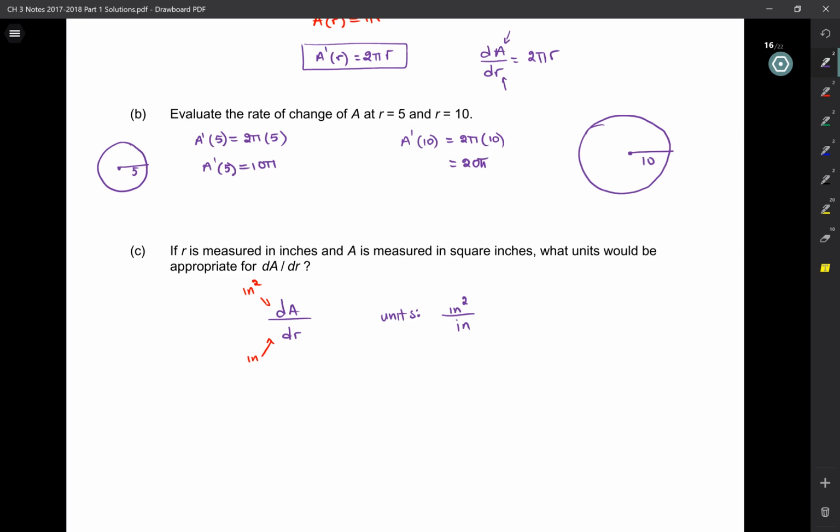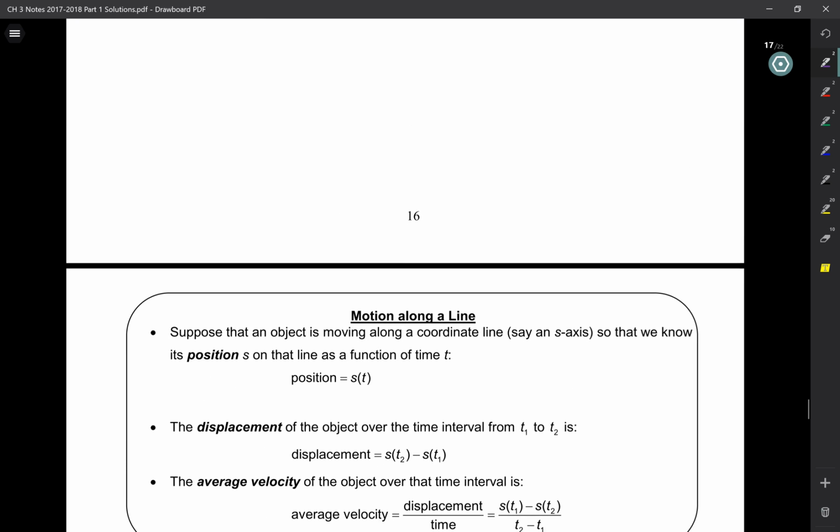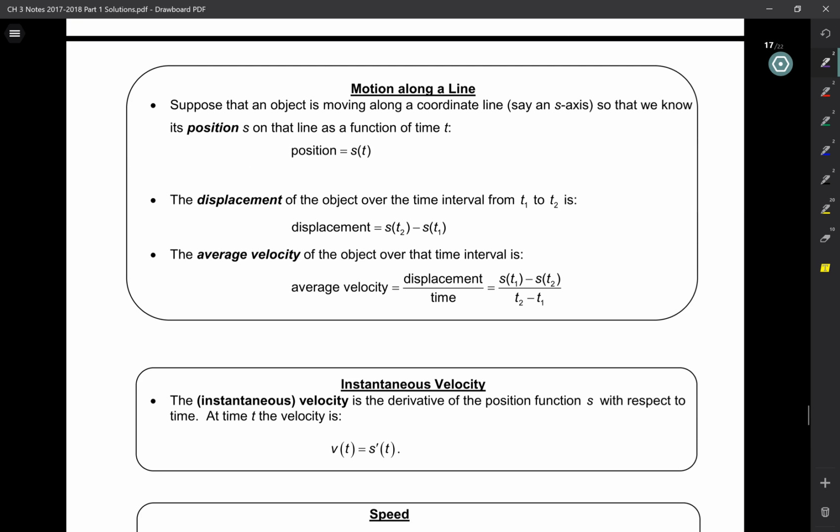If we're here, per every inch of radius, the amount of area that is changing is 25 square inches, right? So it's inches squared per inch. I know that looks a little off, but we're going to have to get used to it. It's just unfamiliar, okay?